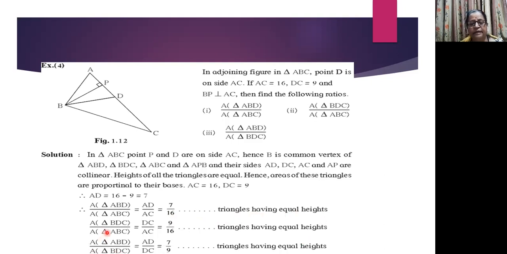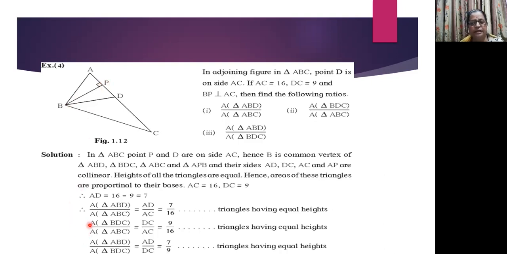Like that, in the second example, area of triangle BDC divided by area of triangle ABC. See these two triangles, BDC and another triangle ABC. In this also, the height is the same.